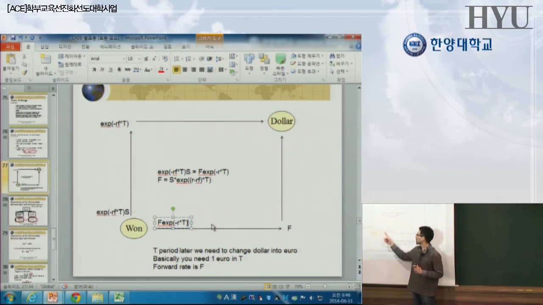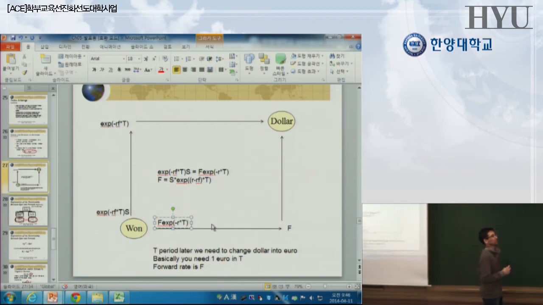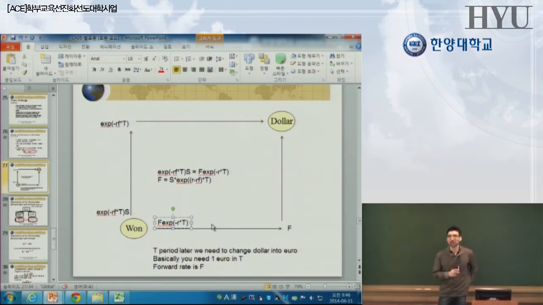So this money in the Korean bank becomes F, and I put this F into the dollar. Likewise, in this case, I change this money into the dollar right now. Because the exchange rate is F, I become this dollar, and this grows in the U.S. bank, so it becomes $1. Both routes are the same. Therefore, this is the formula for the currency futures contract. Sorry that I was a bit confused.